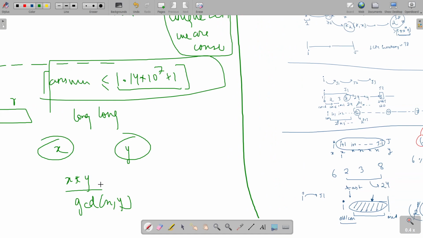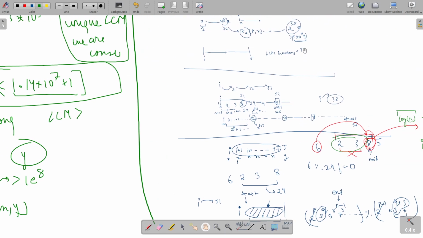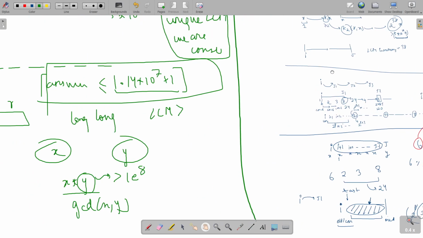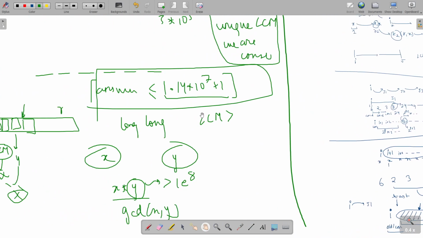So this is what the LCM looks like. So even if any of these terms is greater than a rough bound, let's take 1e8, because our answer is basically any LCM which is greater than this value is also useless for us now. Previously, we had this bound, like any LCM greater than this was useless, but now we have come to a better bound.